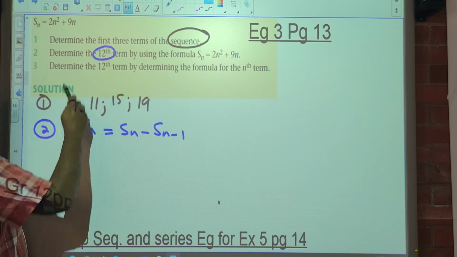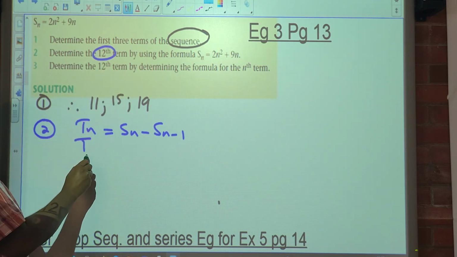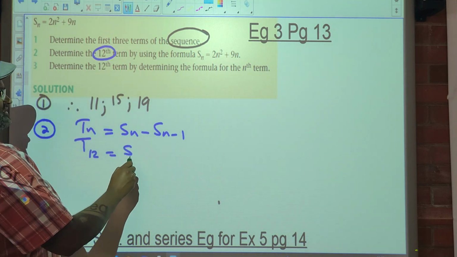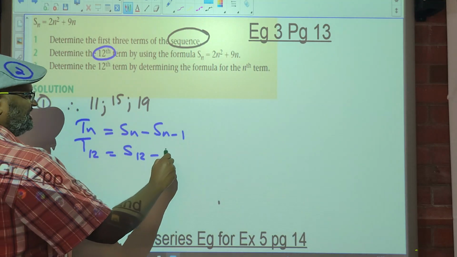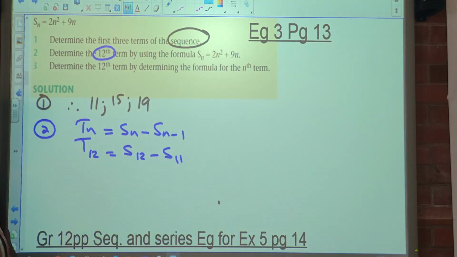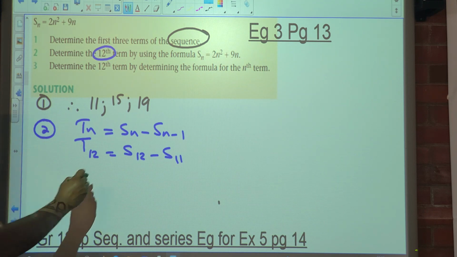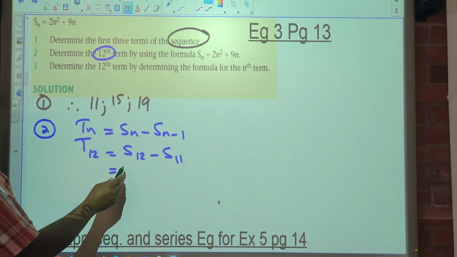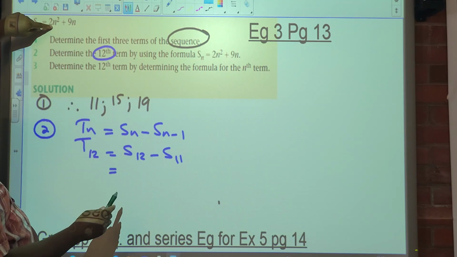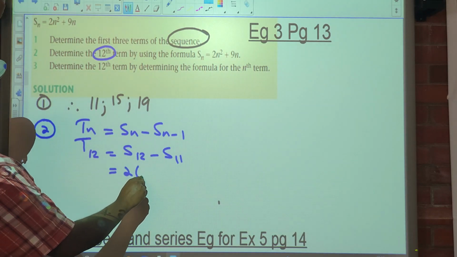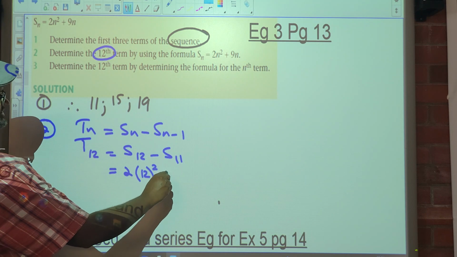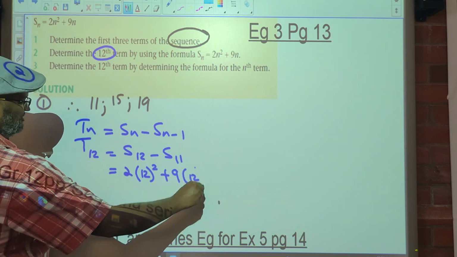So for the 12th term, what do I see? T12 is equal to S12 minus S11. You see that, people? So how are you going to calculate S12? Wherever I see an n, I put a 12. So it's 2 times 12 squared plus 9 times 12.